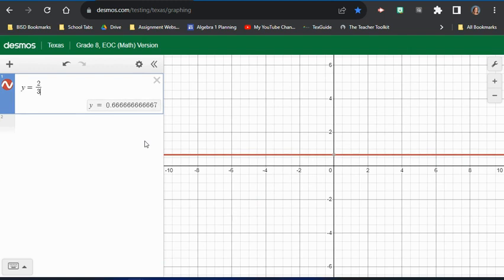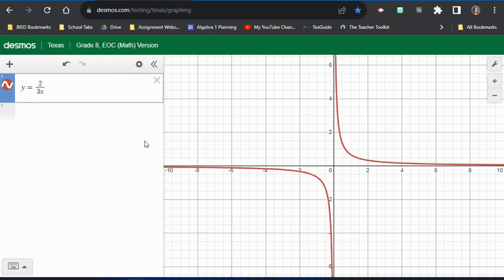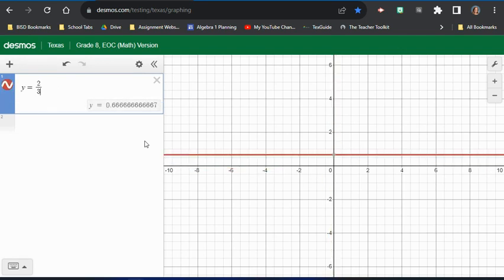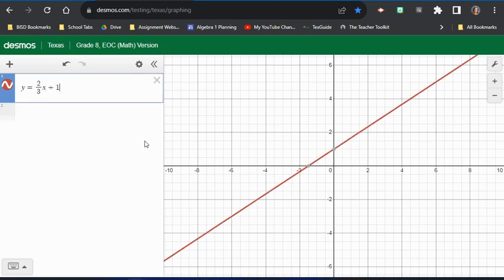If you don't get out from under, so I'm going to back it up, and I'm going to just keep on typing and act like I'm not paying attention. Oh my goodness, that's a completely different function. That is not a linear function. So you have to make sure that you get out from underneath that denominator by arrowing over. So I'm going back to what it should be.